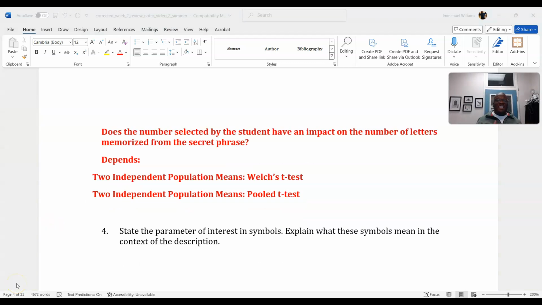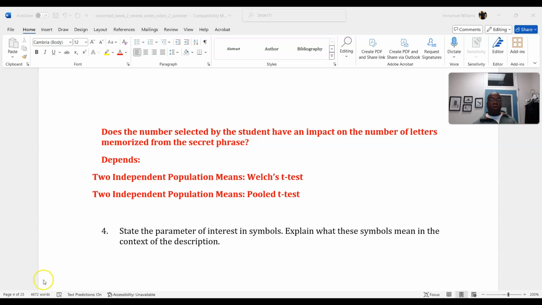It says state the parameter of interest in symbols and explain what these symbols mean. In Stat 251, when dealing with means, we use mu. But since we have two means and want to see if they are the same, we use mu1 and mu2.